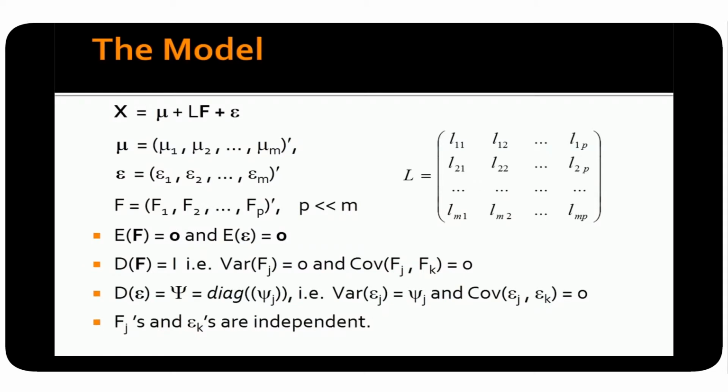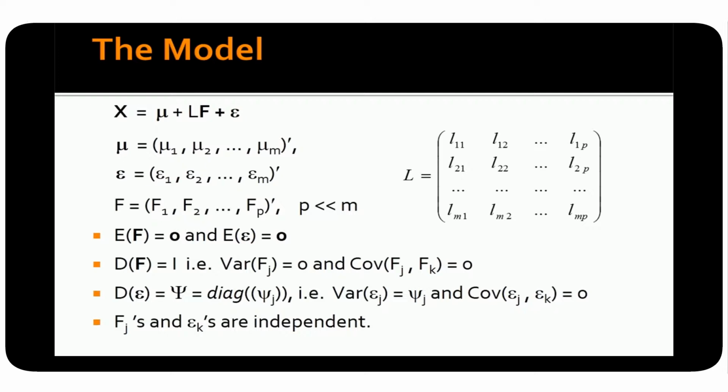We had x is equal to mu plus L into f plus epsilon, where x was the m by 1 dimensional observation vector. These are the original variables that we have. Mu is the mean of the process, again an m by 1 dimensional vector. L is the m by p dimensional loading matrix, and f is the p by 1 dimensional vector of factors.